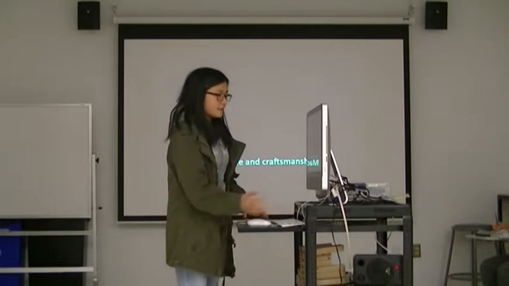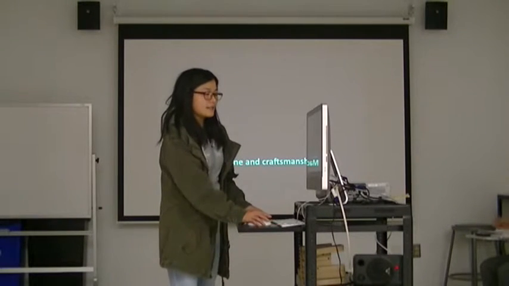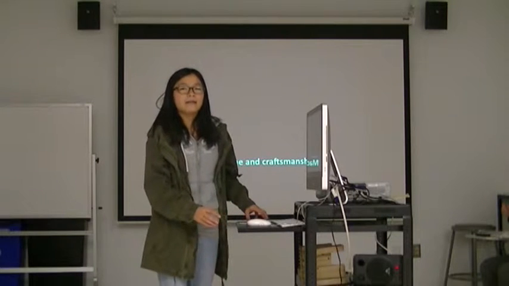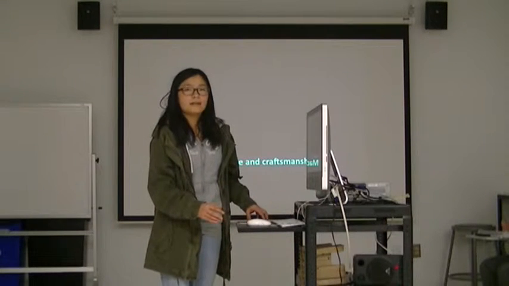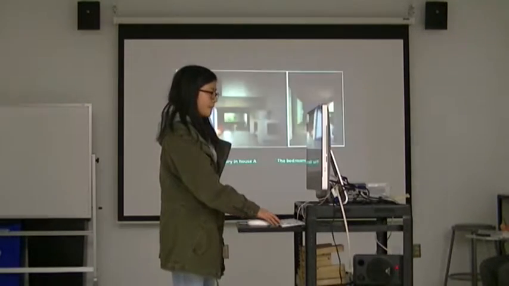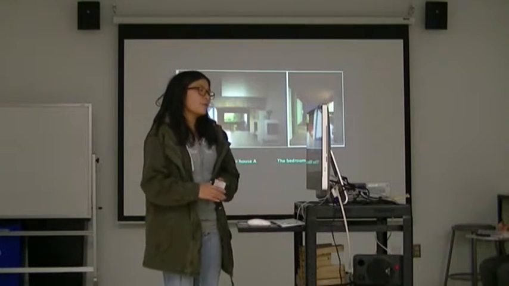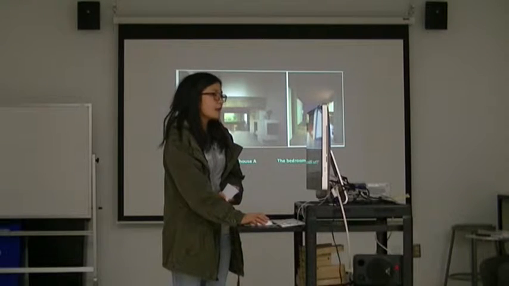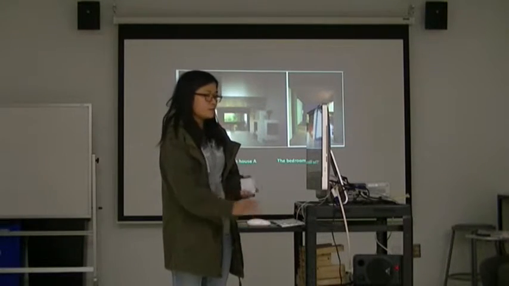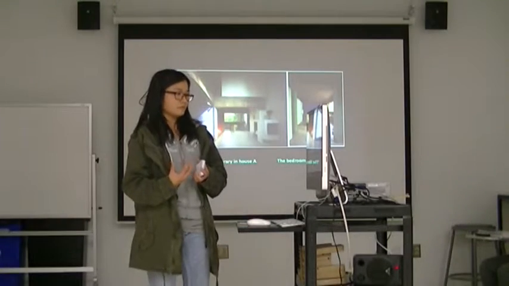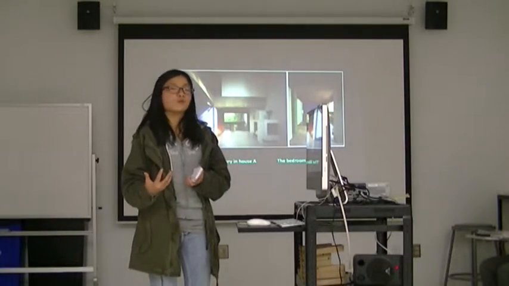And the last character in this design is he combined the machine-made and the craftsmanship. In all the interiors, Le Corbusier use the concrete and the wood to separate different programs.